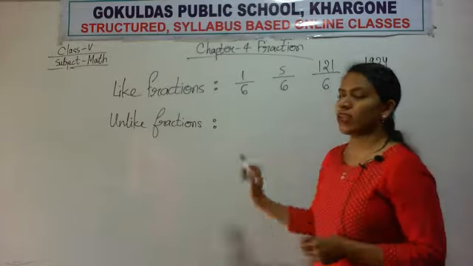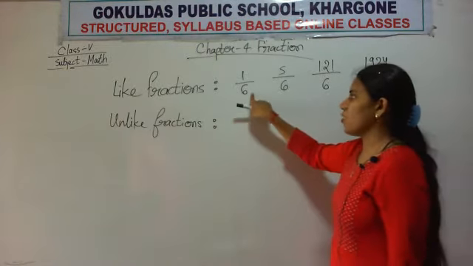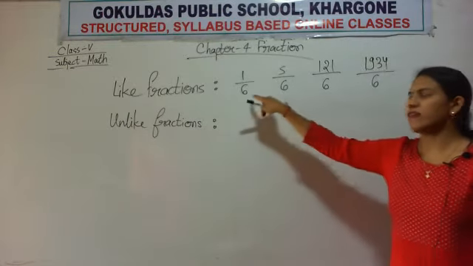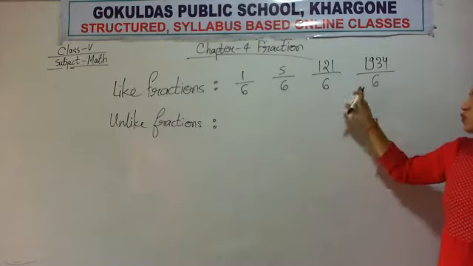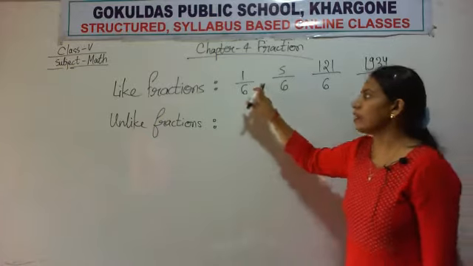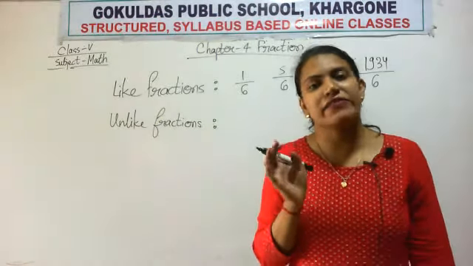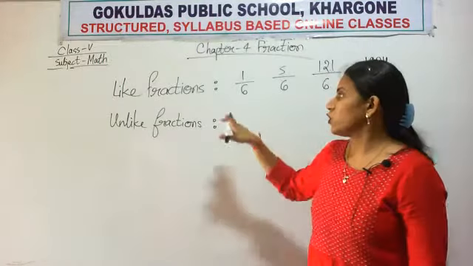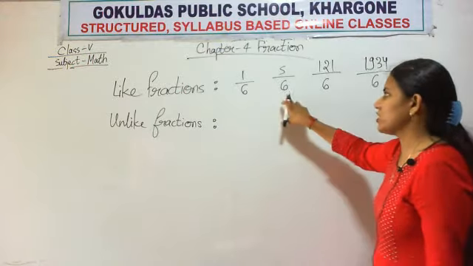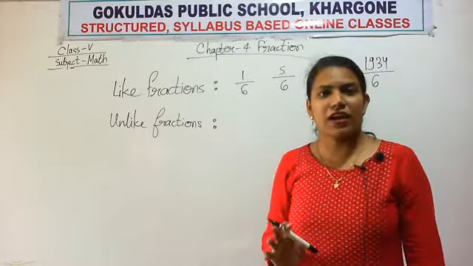But in these fractions written on the board, one thing is common. All the denominators are 6. So the denominators are the same. So we conclude that if all the given fractions have the same denominator, then those are known as like fractions.